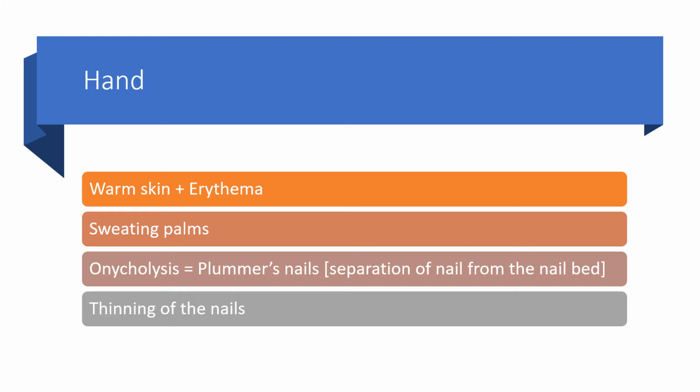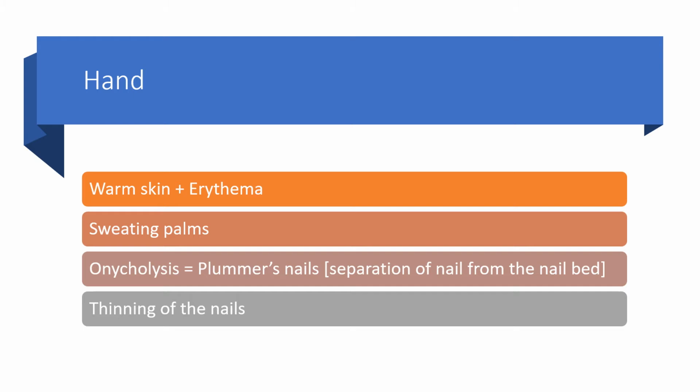In hyperthyroidism, checking the hand, it could be warm and erythematous, could have sweaty palms and onycholysis, otherwise known as Plummer's nails. In that case, there will be separation of the nail from the nail bed, and we will know we are dealing with hyperthyroidism.